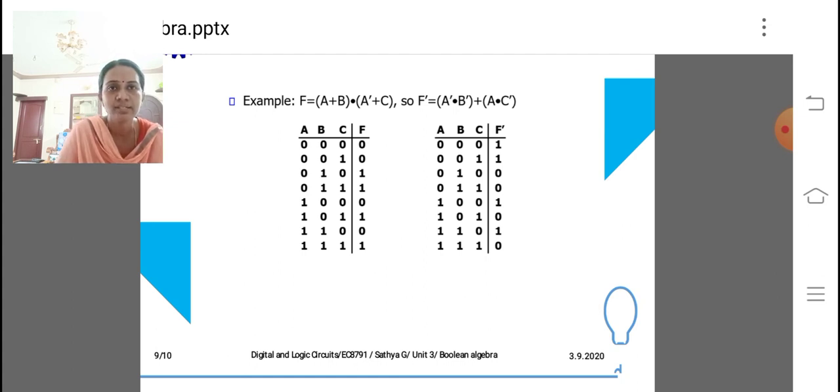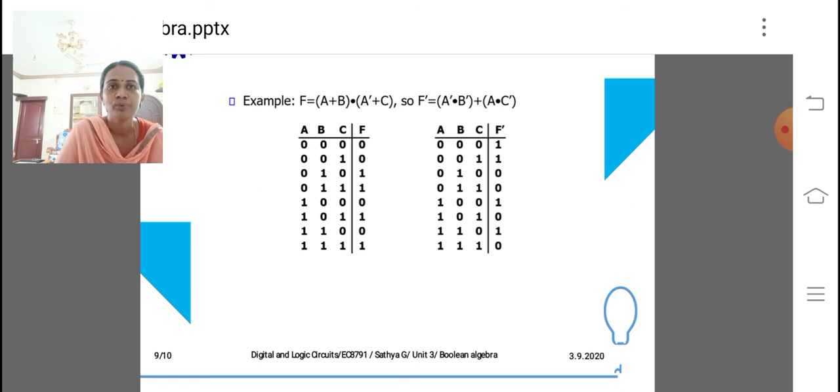And the next assessment: I gave one Boolean expression, f is equal to one condition and f dash is equal to one condition, isn't it? So apply a plus b dot a dash plus c is equal to. Find out the value. I have given a, b, c values, that is a 3 input condition.